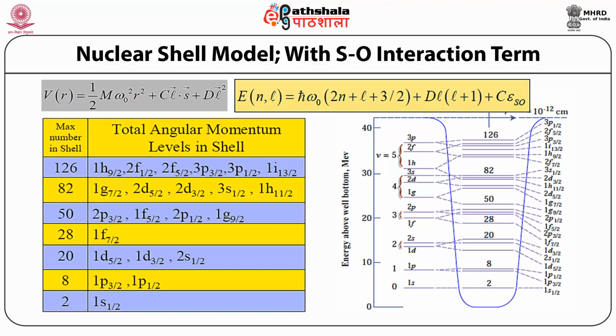So you can see that just by adding a small correction term like the spin orbit interaction, our solution of the Schrodinger wave equation results in all the magic numbers. So this seems to be a complete potential in itself, as we could explain the origin of various magic numbers in nuclei.